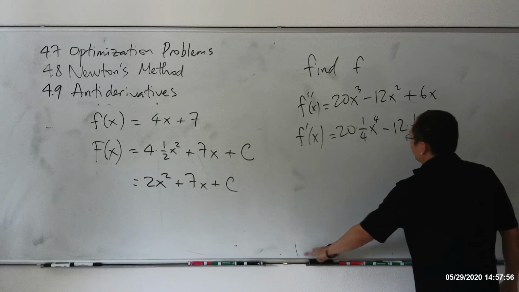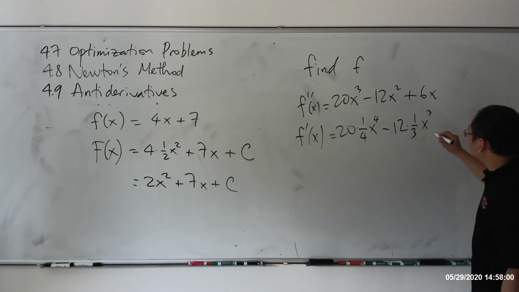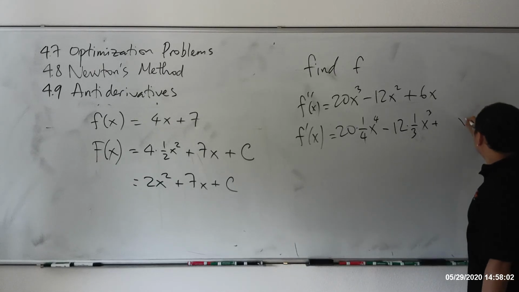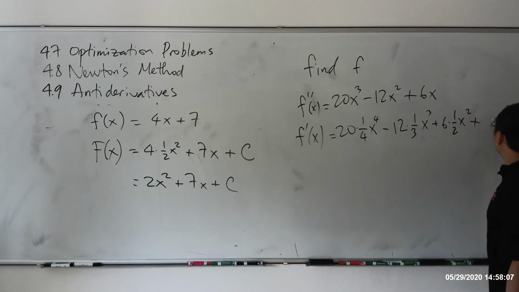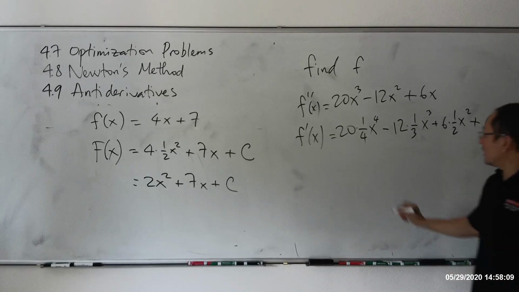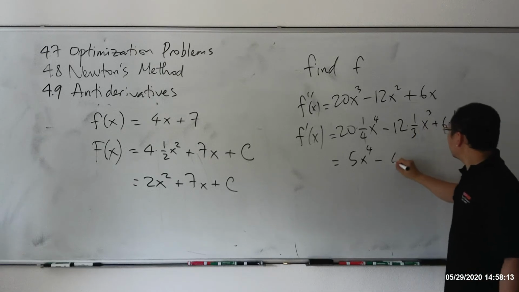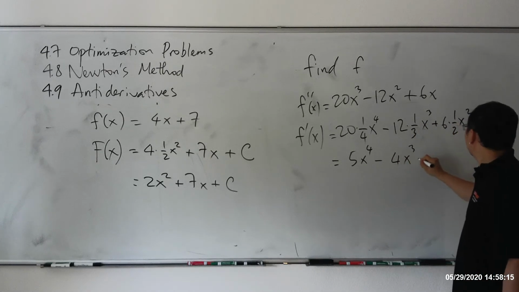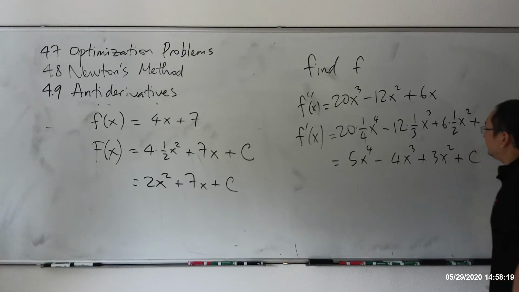I claim later on you guys are going to do much faster, but this is the first time, so we do it step by step. And then x is going to be x squared, 1/2 in front, and you got the number 6 in front. And then don't forget to add a constant. Simplify. 5x to the 4 minus 4x cubed plus 3x squared plus c.